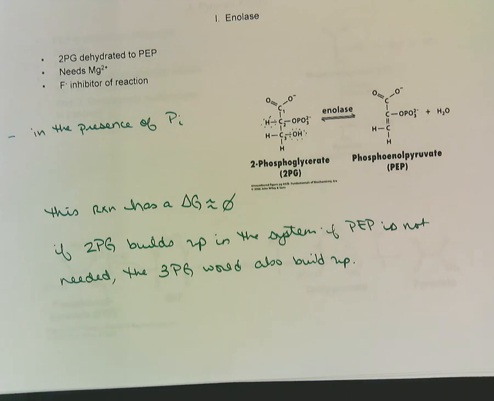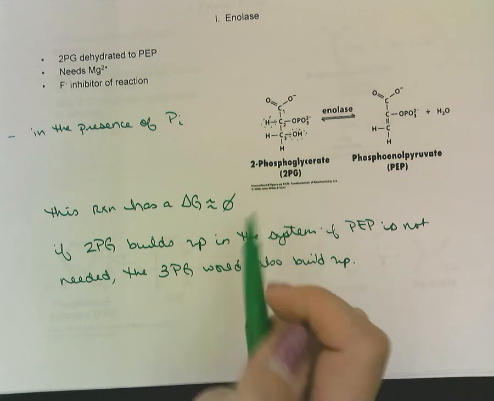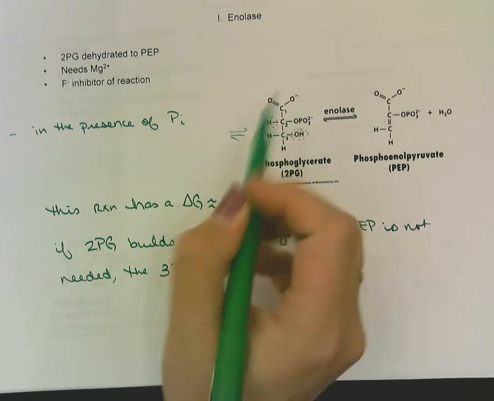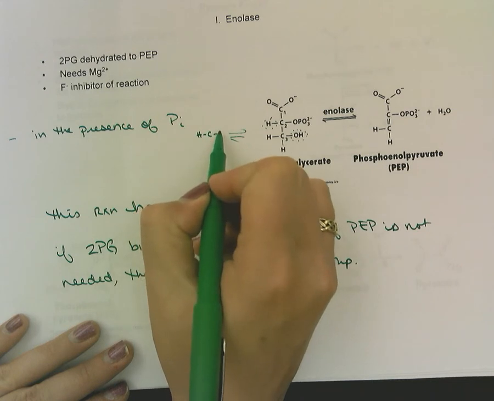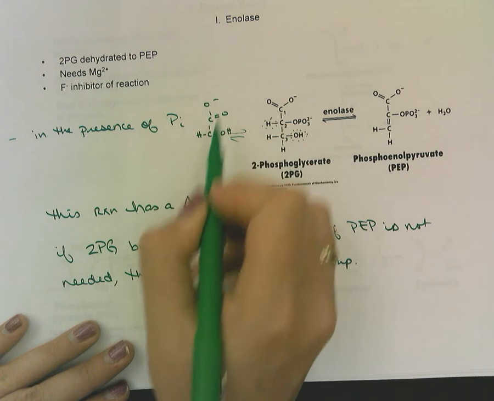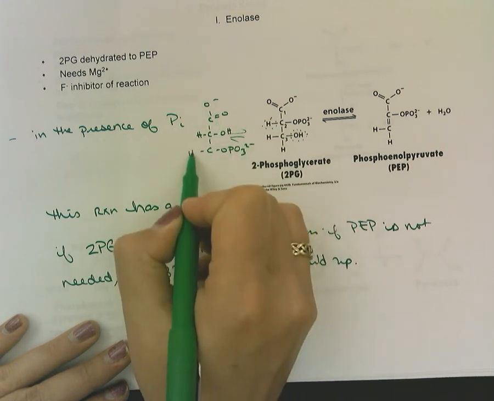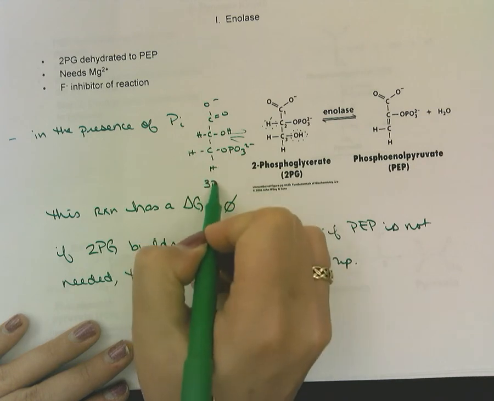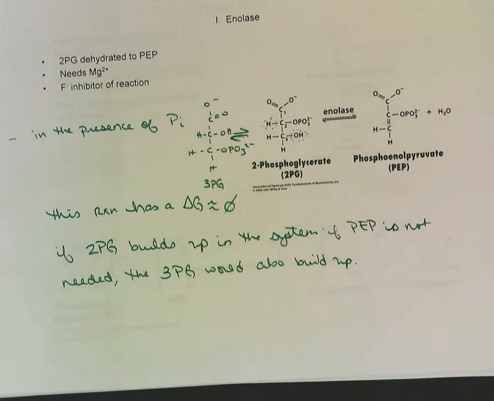So all of these steps are in equilibrium, right? Making a PEP is in equilibrium with 2 PG, which you could even say is in equilibrium with our 3 PG. So all those steps are in equilibrium with each other.